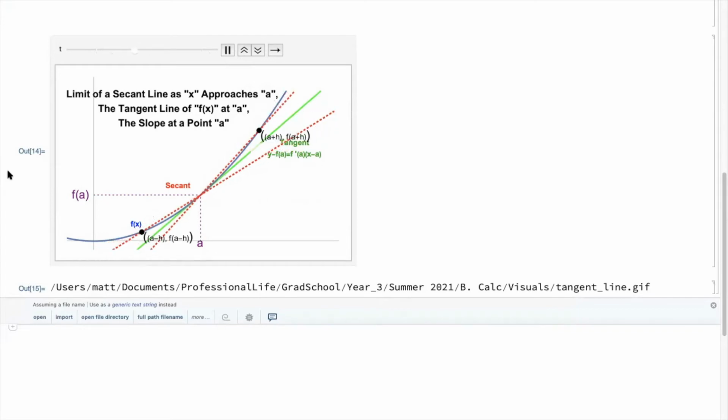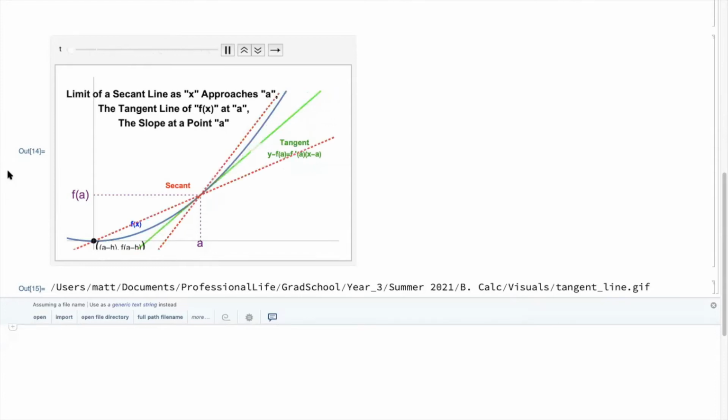So this tangent, for small changes in x close to a, is going to be damn close to your function. And it's only going to touch your function at one point. And at that one point, you can think of your function as having the same slope as your tangent line. Does all of this make sense? I'm throwing a lot all at once.